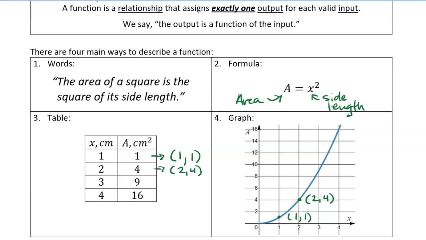Now, because this is the area of a square, we know that the areas exist for side lengths other than these whole numbers. We could put in 2.235 and calculate the area for that as well, given the formula that we have. But we know that there's a continuous relationship, and anyway, we can graph the data in the table. So we can represent a function as a graph as well.